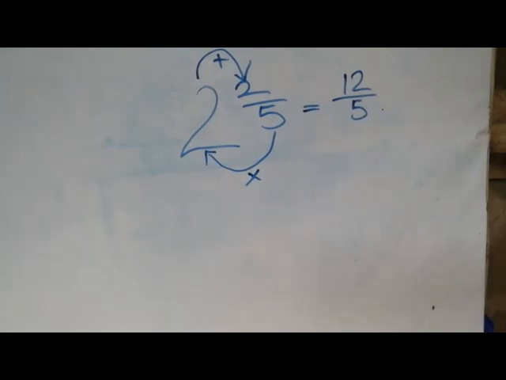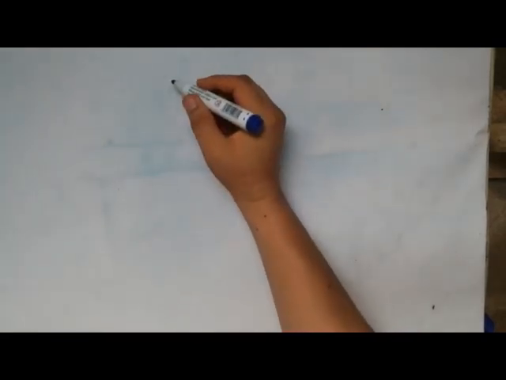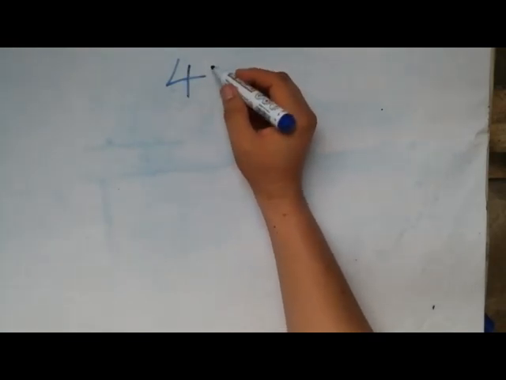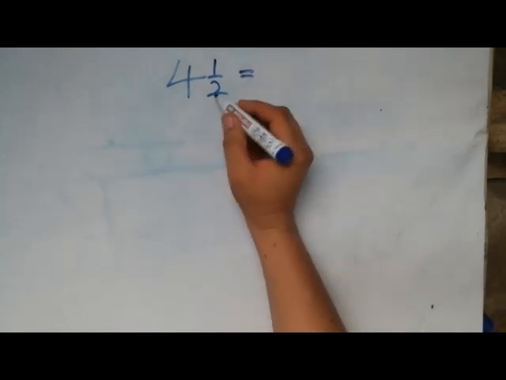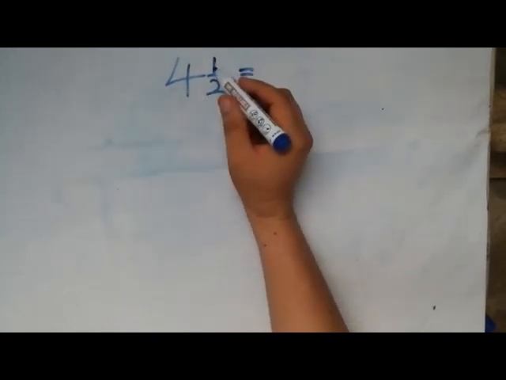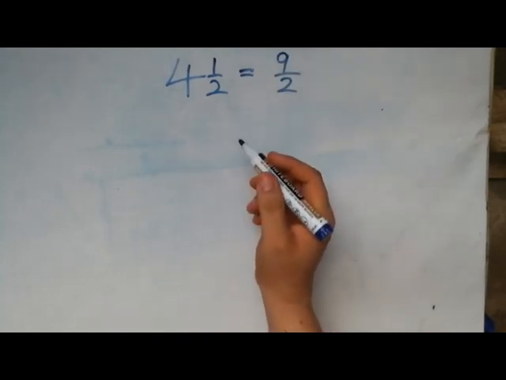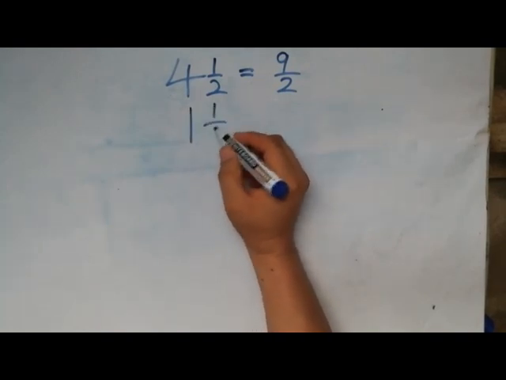Let's consider other examples. Another example is 4 whole number 1 over 2. It will give us 2 times 4 is 8. 8 plus 1 is 9. 9 over 2.